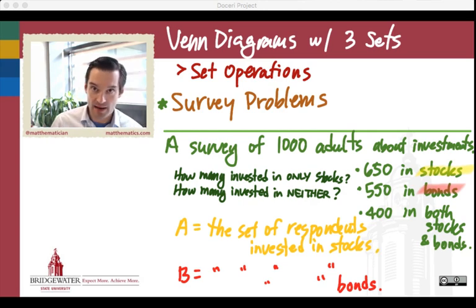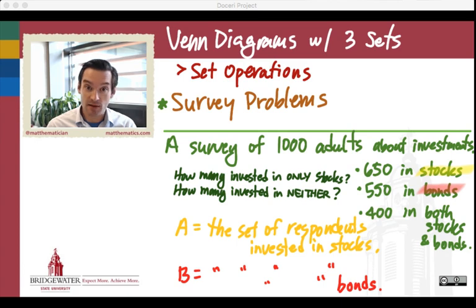I'm calling them A and B, but there's really no reason that I should be generic with my set names if I'm making up the sets. If my sets have a context, if I want to make it easier for myself later to understand what these sets mean when I'm using notation to do things like perform operations on sets, then I might as well take the liberty, because these are my sets. I own these, and when you do problems like these, you own those sets, right? Don't let the textbook dictate notation for what letter you use to represent your sets.